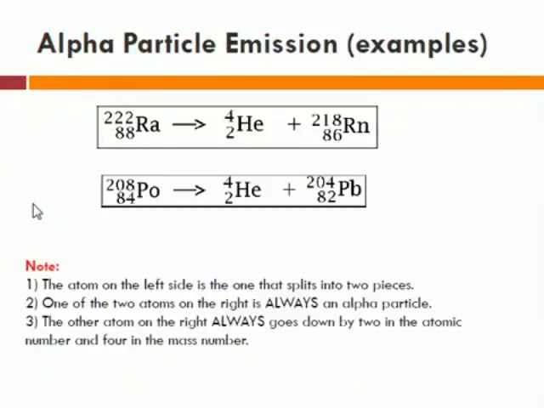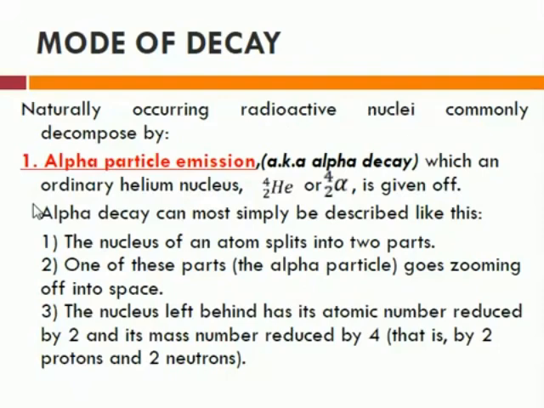So we have the alpha particle emission or alpha decay, in which an ordinary helium nucleus is given up. So this one we have helium, with a mass number of 4 and an atomic number of 2. Because this is called alpha decay, we can replace helium with the symbol of alpha here. Alpha decay can most simply be described like this.